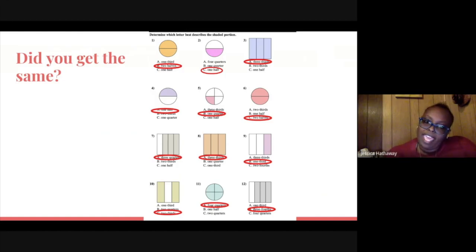Think of it like having 4 quarters. Okay? Number 6, 2 halves. Number 7, 3/4. Number 8, 3/3. Number 9, 1/3. Number 10, 2/3. Number 11, 4/4. Number 12, 3/4.